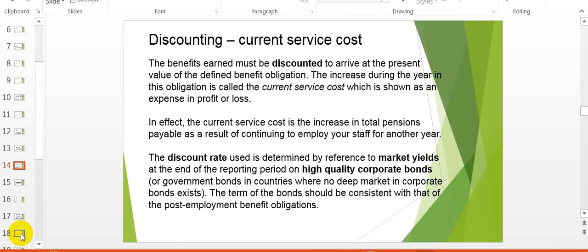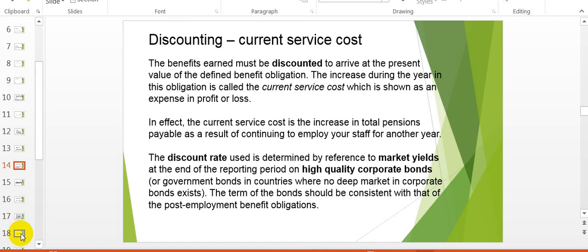You will not be asked to discount these current service costs in the exams. The current service costs will be given to you already discounted in the exams, but you are required to know and explain the theoretical side of these costs.